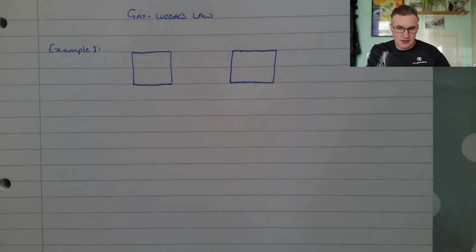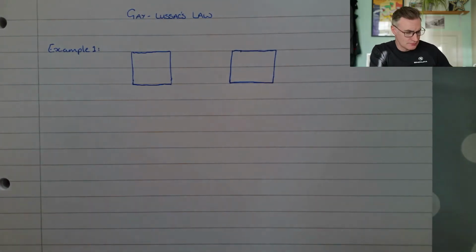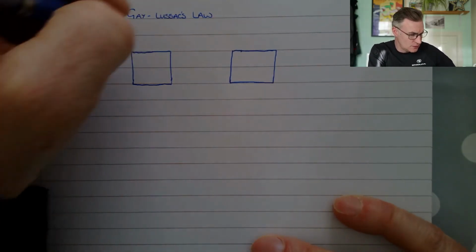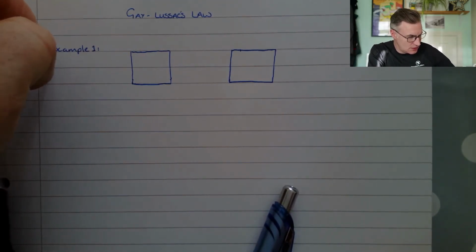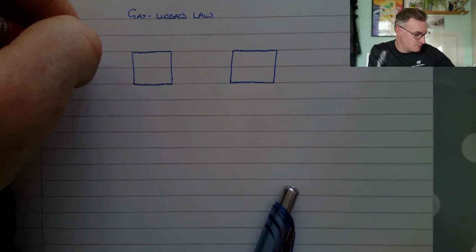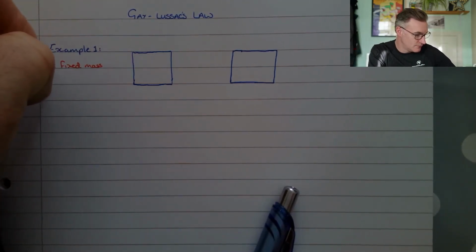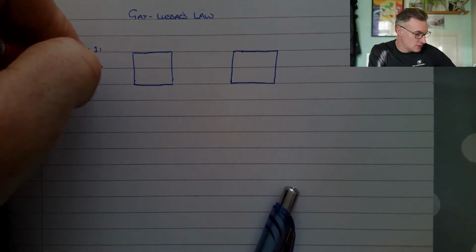And in the example of Gay-Lussac's law, we're going to have a constant volume. So I'll just put that in there, at fixed mass and constant volume.